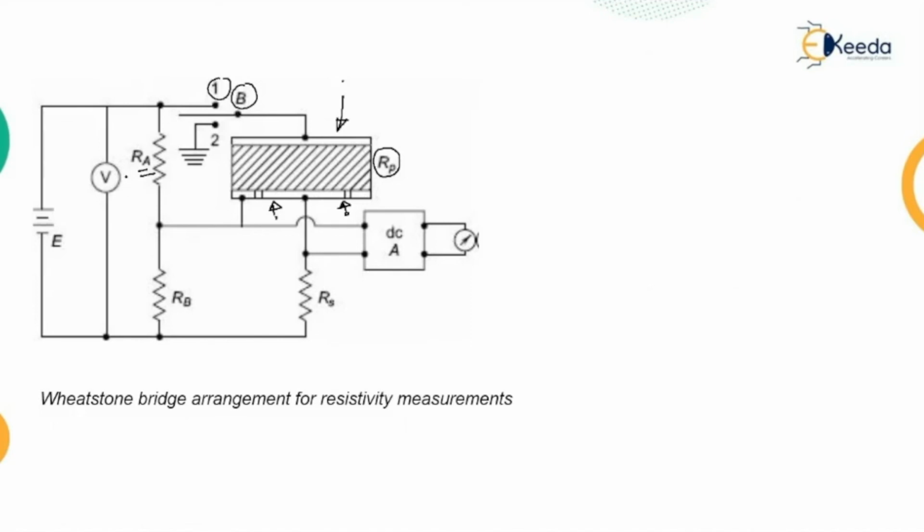Now at balance, RP is given by an equation, and with the specimen arrangement used, the volume resistivity rho can be given as rho equal to R into pi r square divided by t ohm meter.